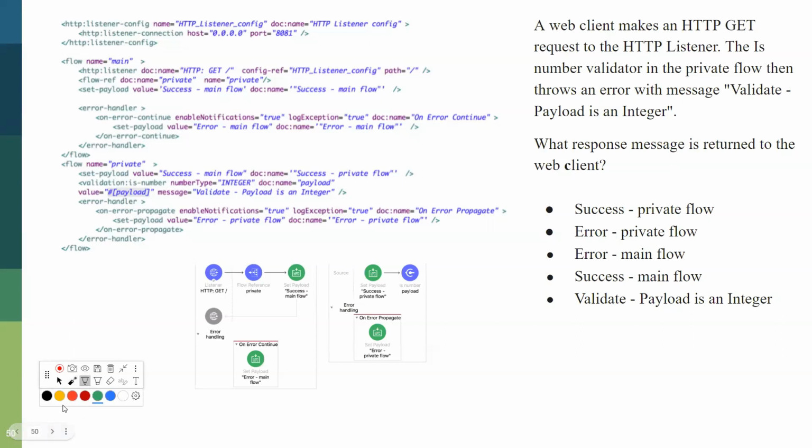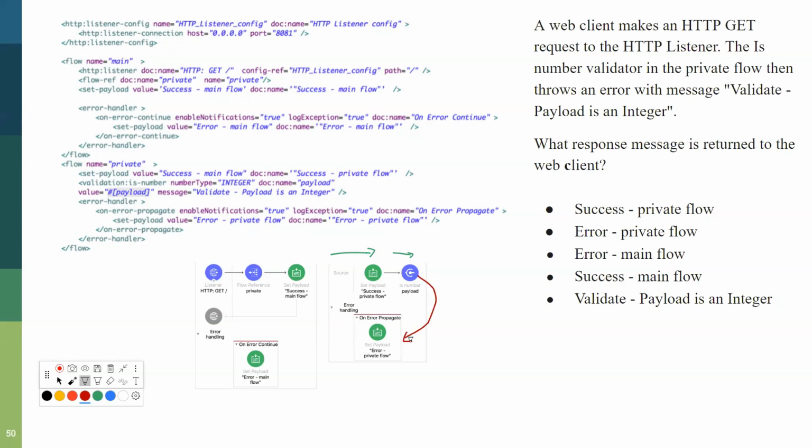So if I take this pencil, it continues from here and it comes to here, and the error happens in here. So from that, every time there is an error object, it gets thrown to the error handler. In this case, the error handler is on error propagate.